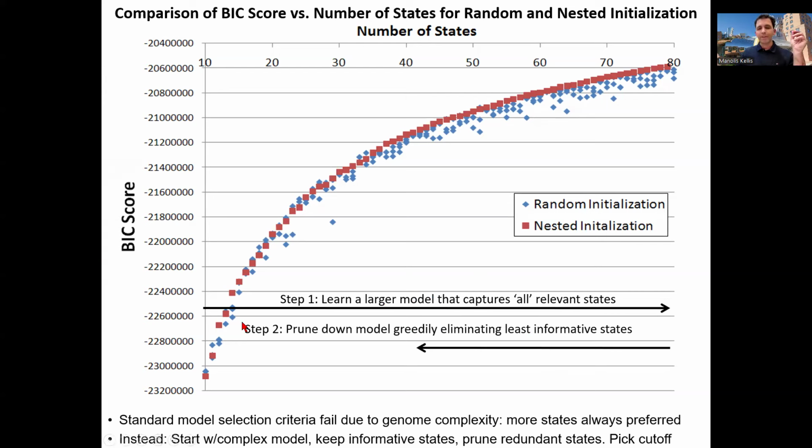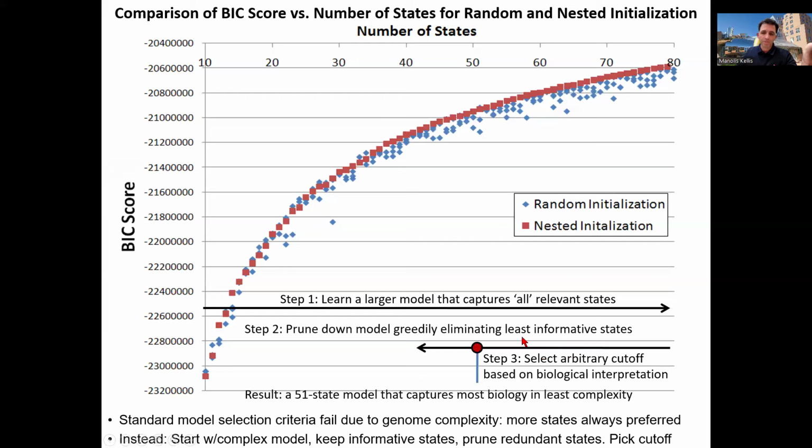So basically by first learning the larger model and then pruning it down to eliminate the least informative states, or at least the most redundant states, then you have the chance to perhaps also capture state 47 that doesn't always come up, and then to eliminate the 3 versions of state 23. Is everybody with me here? So that's what we basically did. We learned the larger model, pruned it down greedily, and then selected some arbitrary cutoff based on how many states we can actually make sense of.